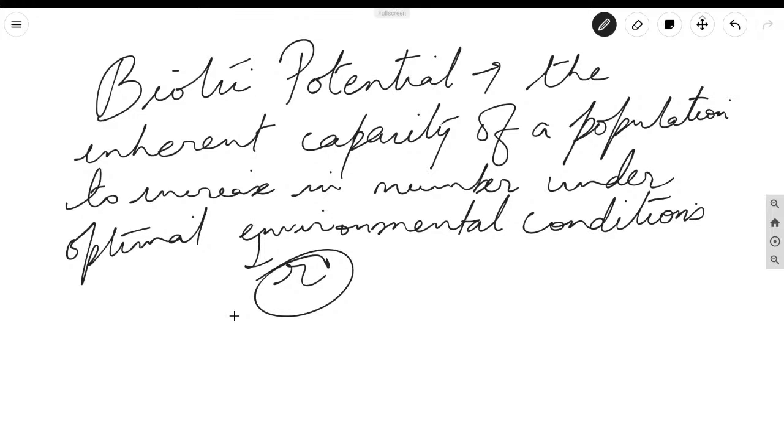So if biotic potential is left unchecked, what could happen? The number of any species will soon become extremely large. It will be overcrowded, it will reach the carrying capacity, it will surpass the carrying capacity, it will exhaust all the resources present in that habitat and will cause extreme ecological instability.